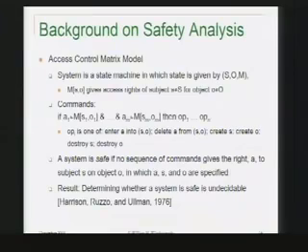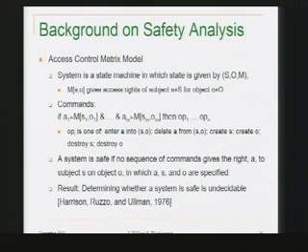A command tests to see whether several rights are in given access cells, and then, if so, executes a sequence of operations that can enter new rights into cells, remove rights from cells, add or delete columns or rows.